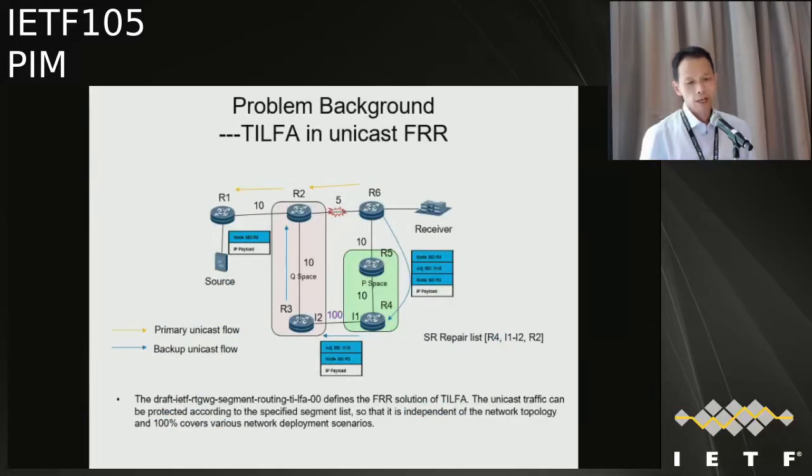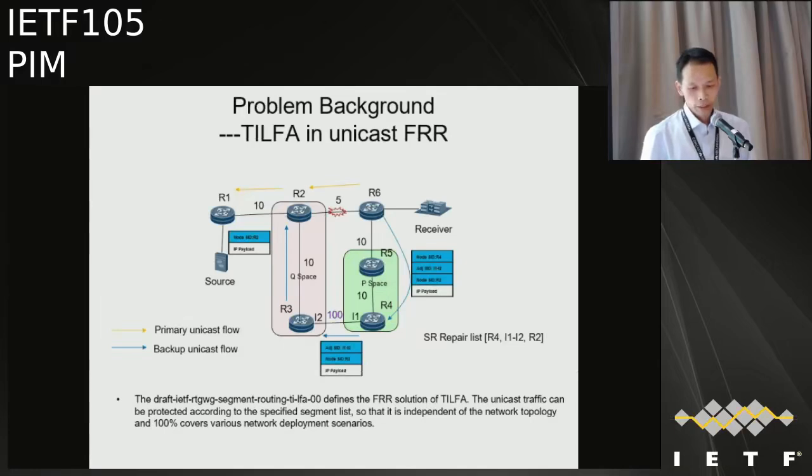And then in segment routing, TI-LFA was introduced. This is an example topology. From R6 to R2, there is obviously a directly connected link. How can we find a backup path?